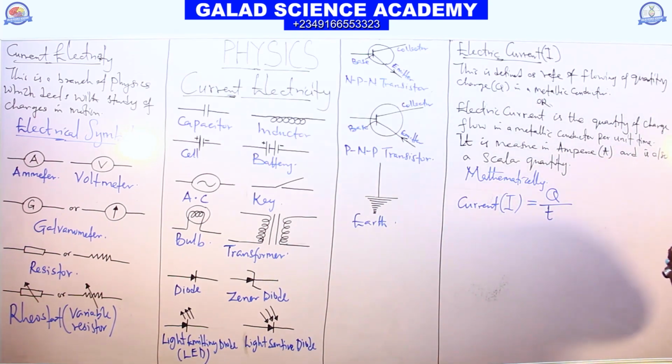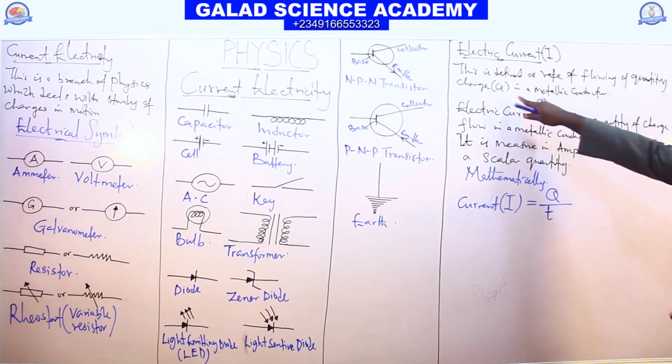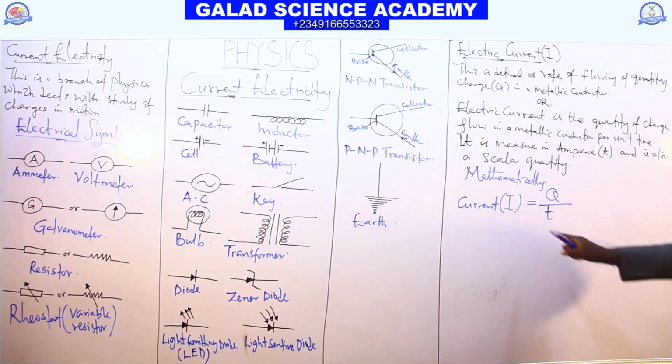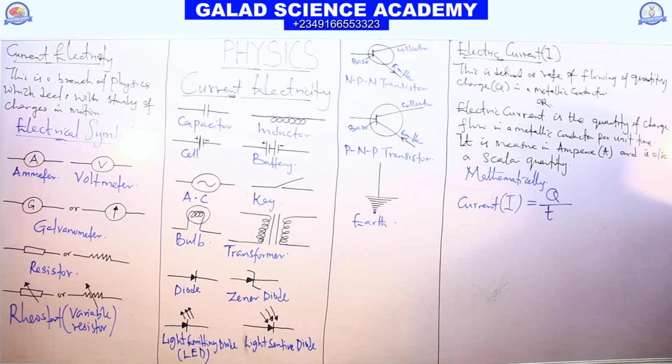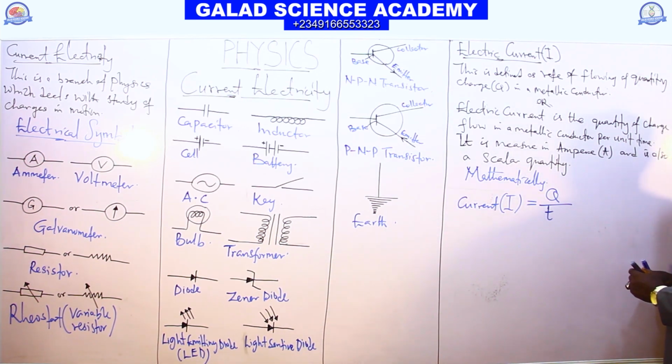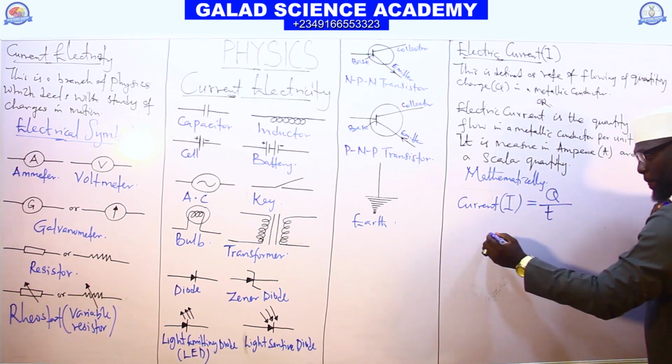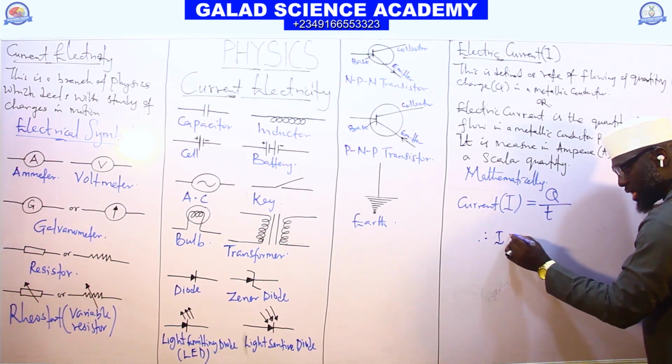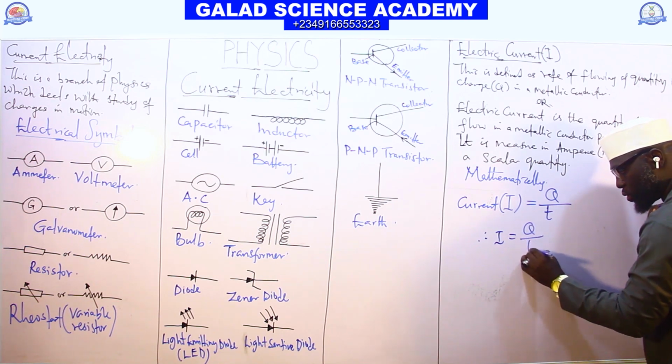So the word rate here means quantity of charge over T. So this is the current. Therefore, I equals Q over T.